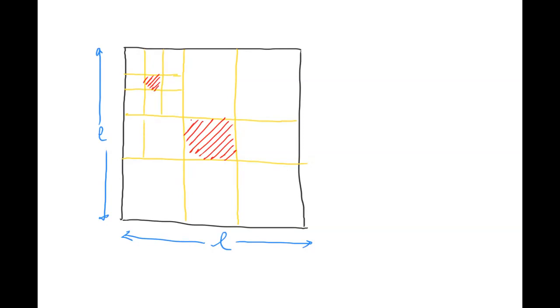I do this for all these squares that I have. I'm not going to draw for all. So I remove this middle part. And then again, for all the squares that I have, I draw this and I remove the middle part, and so on till infinity.